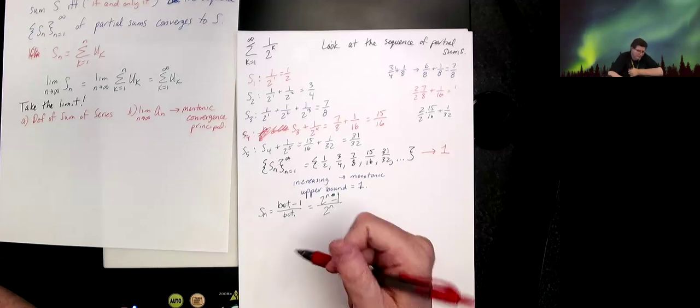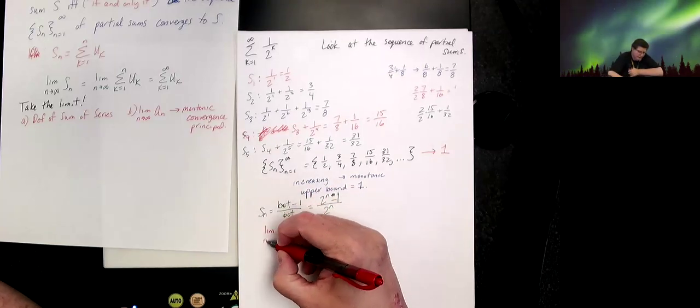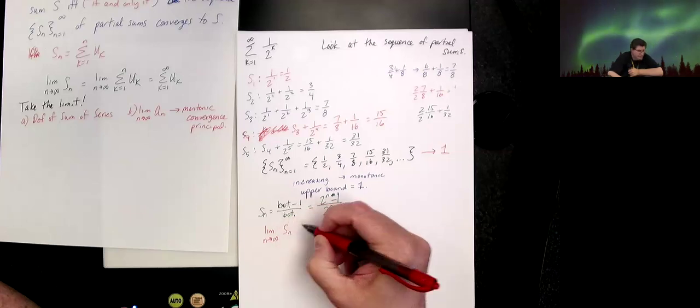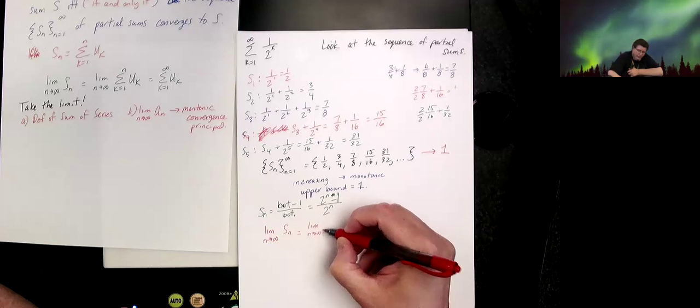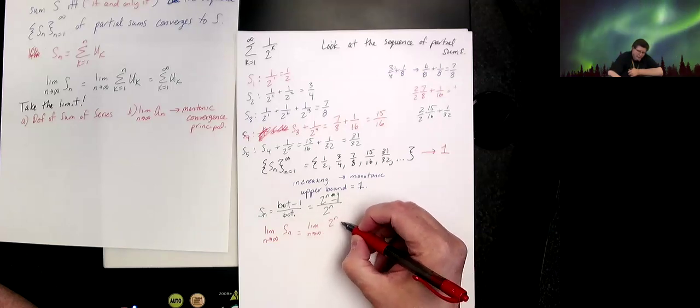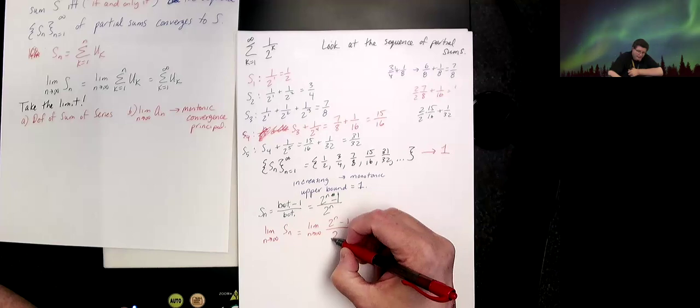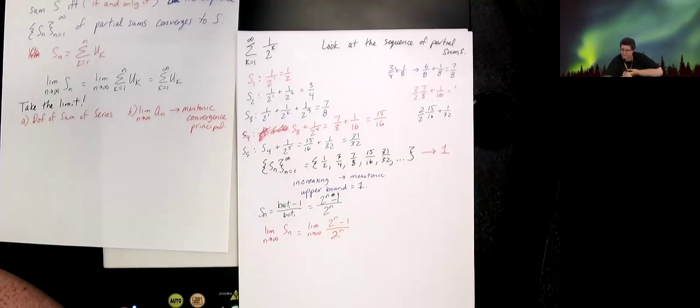So if we take the limit as n goes to infinity of S sub n, we're taking the limit as n goes to infinity of 2 to the n minus 1 over 2 to the n. Now, if you plug it in, this is infinity over infinity.